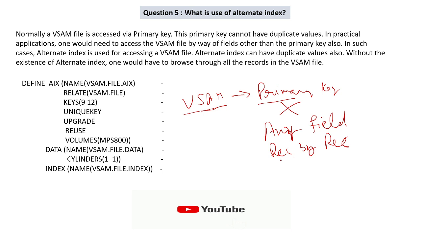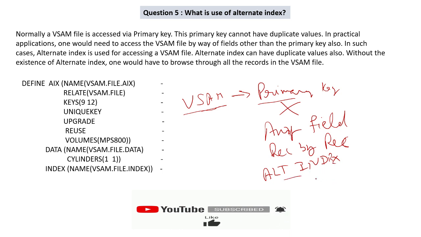To avoid that, we use the alternate index. An alternate index can have duplicate records, and we can access it randomly also using the alternate key.